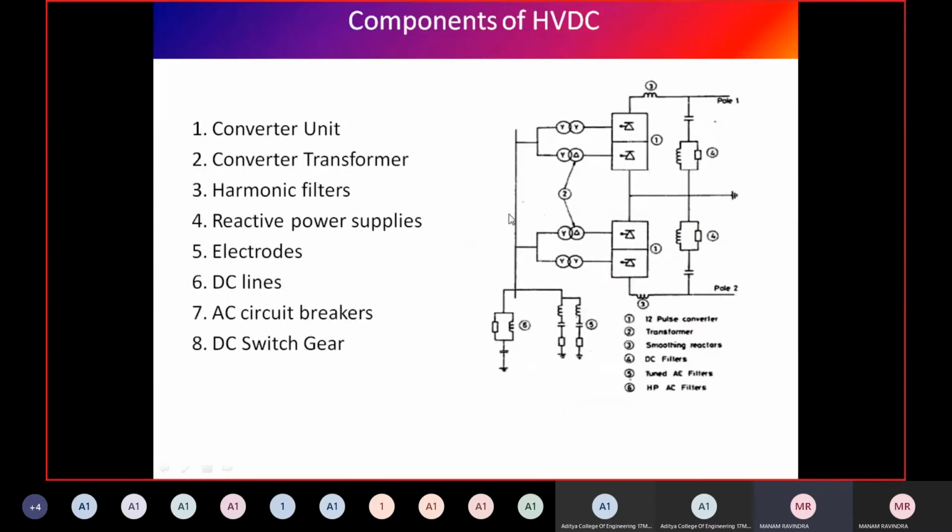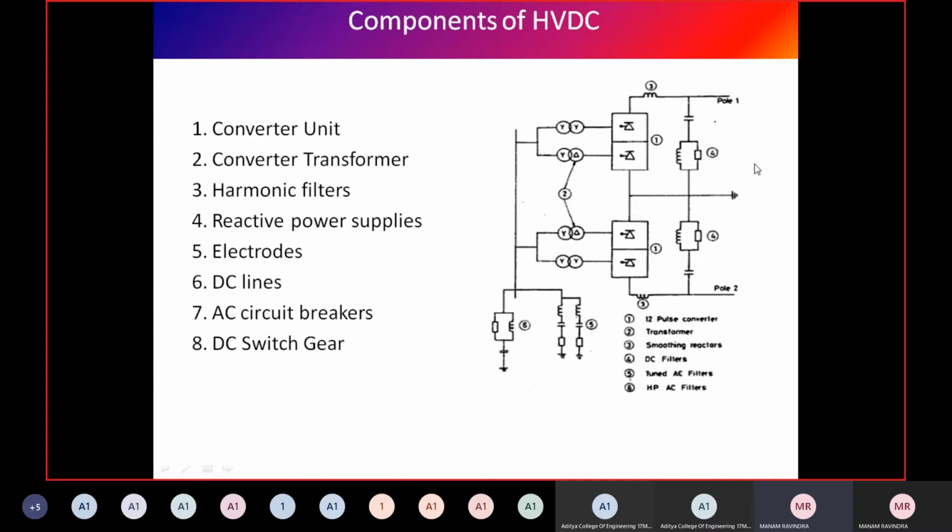Next, coming to components of HVDC systems. We use the converter unit and converter transformer. See, this is all what we consider as the converter unit, and these are the converter transformers. Harmonic filters are placed at the rectifier station as well as the inverter station. Reactive power supplies and compensation devices, SVC and STATCOM devices, can be placed to compensate the reactive power.